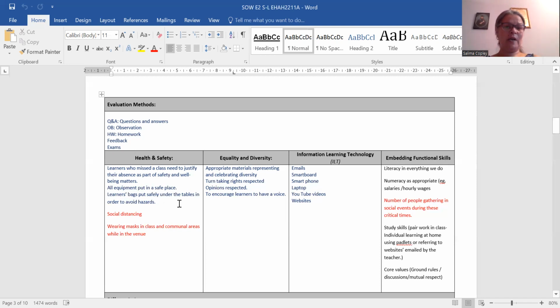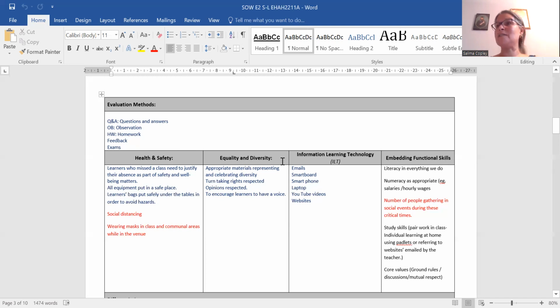Okay, right. The second category in this page is health and safety inside the class and in the communal area where people take a break. Okay, so you can read it here. I'm only going to read what I believe is very important. For example, equality and diversity.